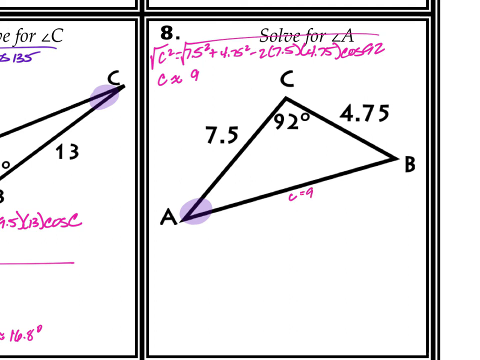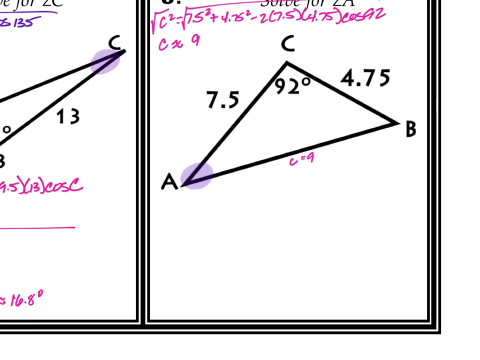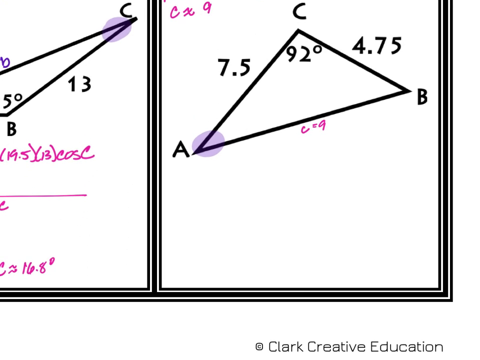So then to find A, we've got 4.75 squared equals 7.5 squared plus 9 squared minus 2 times 7.5 times 9 times the cosine of A. And so I'm going to subtract 7.5 squared and subtract 9 squared.